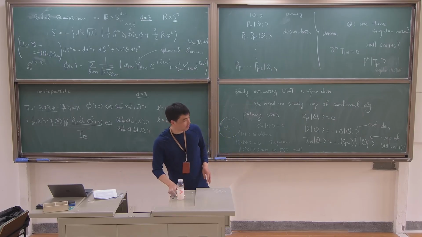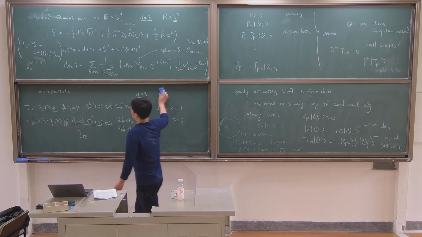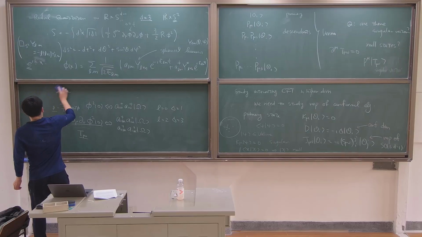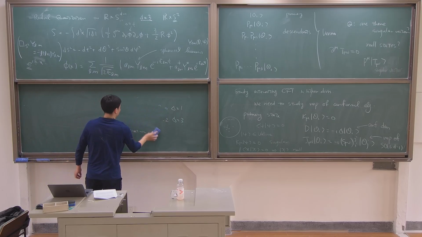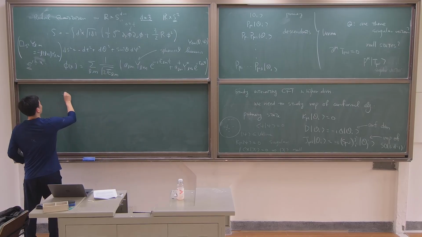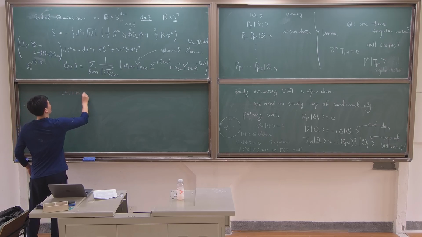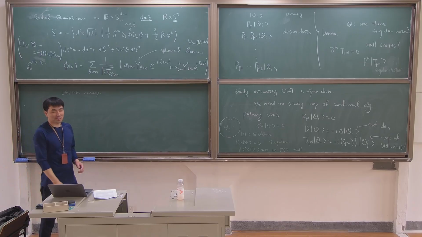Good, good. So the first thing we learned is the LG minimal model correspondence. Okay, what else did we learn?